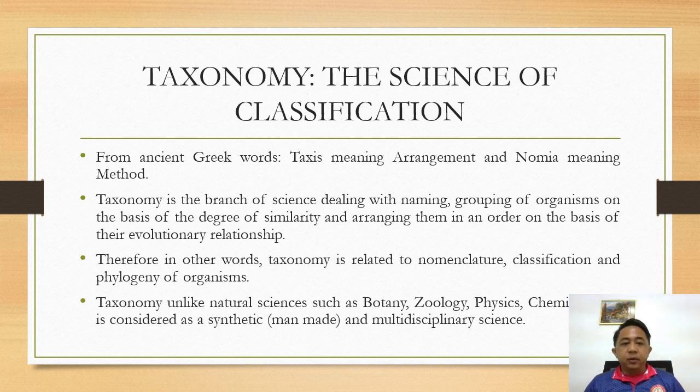Okay. So taxonomy is considered synthetic in the sense that it is man-made, and it is a multidisciplinary science. When we say multidisciplinary science, it involves other branches of science in the study of classifying organisms. Okay, so there is physics involved in taxonomy, there is chemistry involved in taxonomy, and there is biology involved in taxonomy.